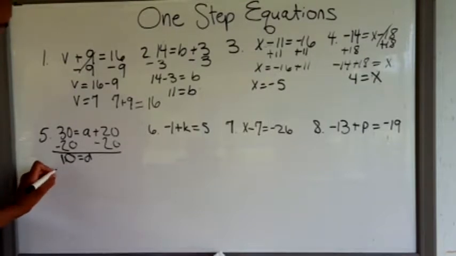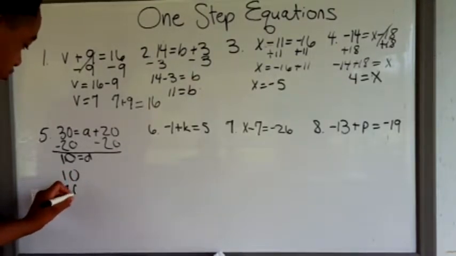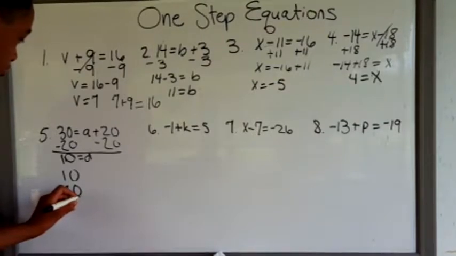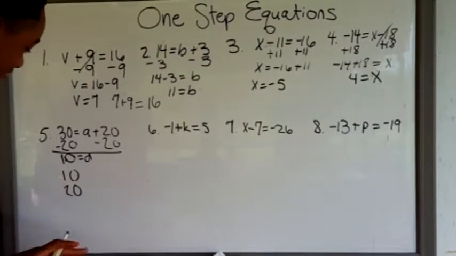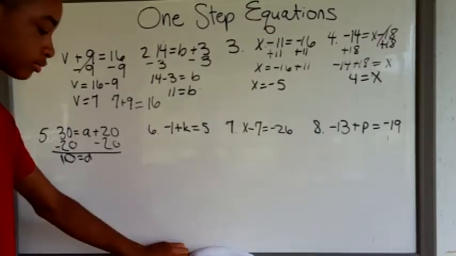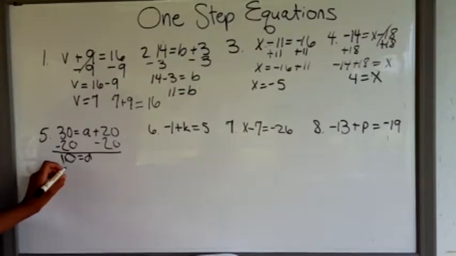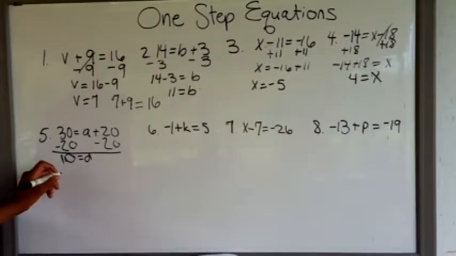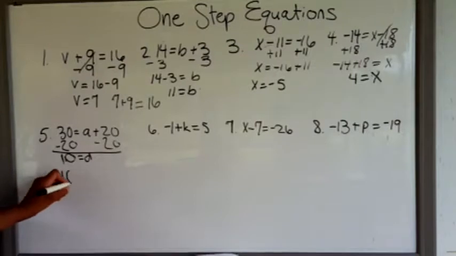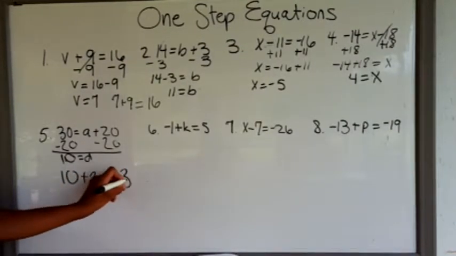No, you check it, with the answer. Make sure that the answer is correct by adding 10 and 20. You subtract. So you add 10 plus 20 and you get 30.